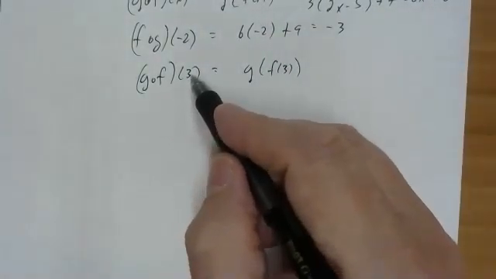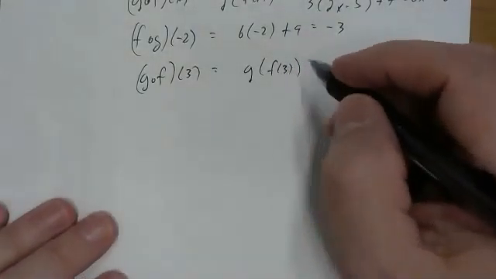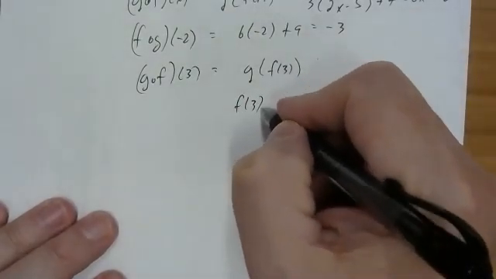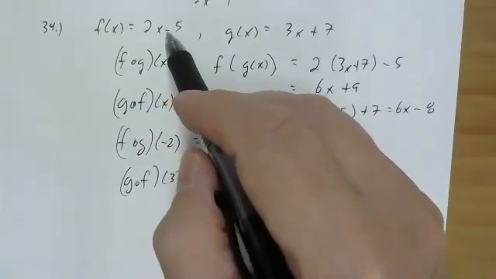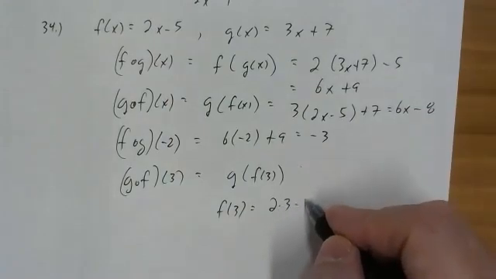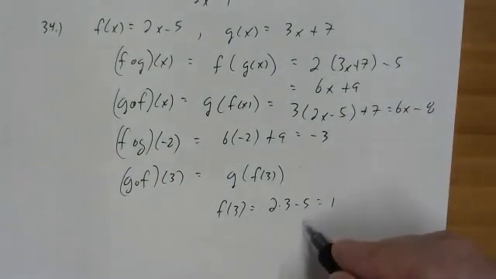G composed f of 3 is the same as g of f of 3. Now, I'm going to figure out what f of 3 is. f of 3 says you take your f function and just plug in 3. 6 minus 5 is 1, so f of 3 is 1.